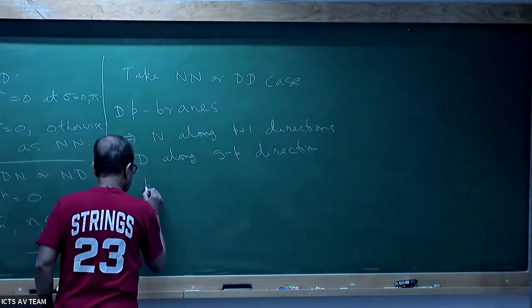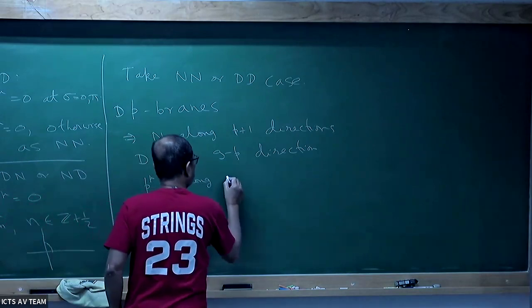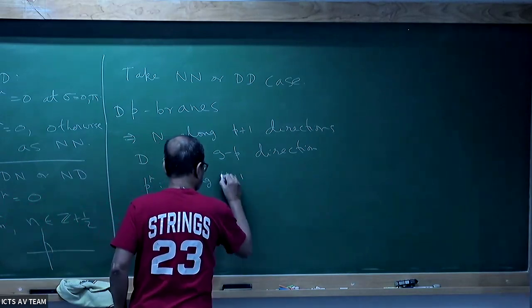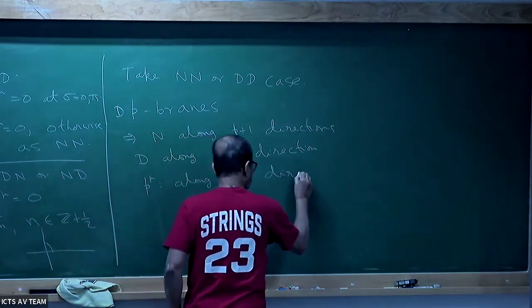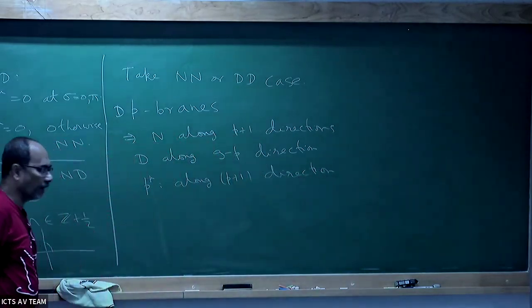P mu in this case is along the p plus 1 directions, because along those we have N boundary condition.